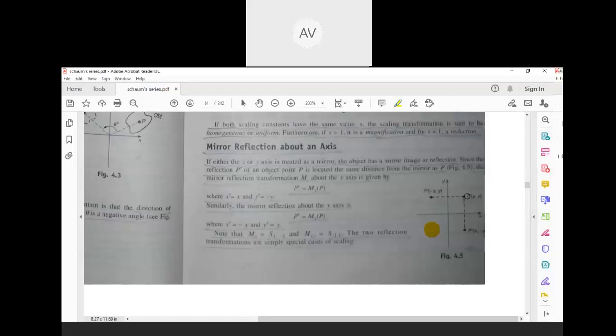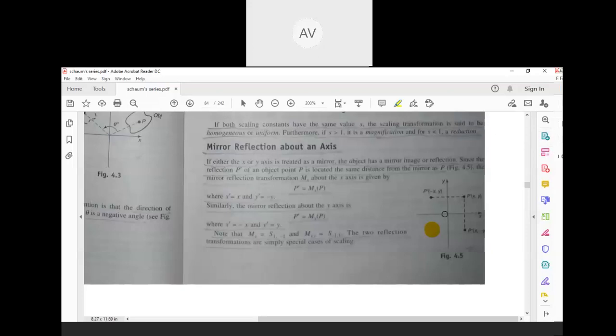Okay. So we will write the matrix for this. When you write a reflection about x-axis, the matrix will be 1 0 0, 0 minus 1 0, 0 0 1, like that.